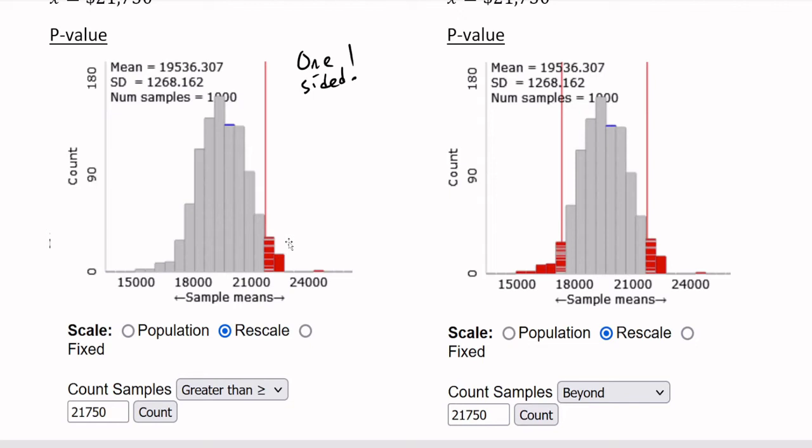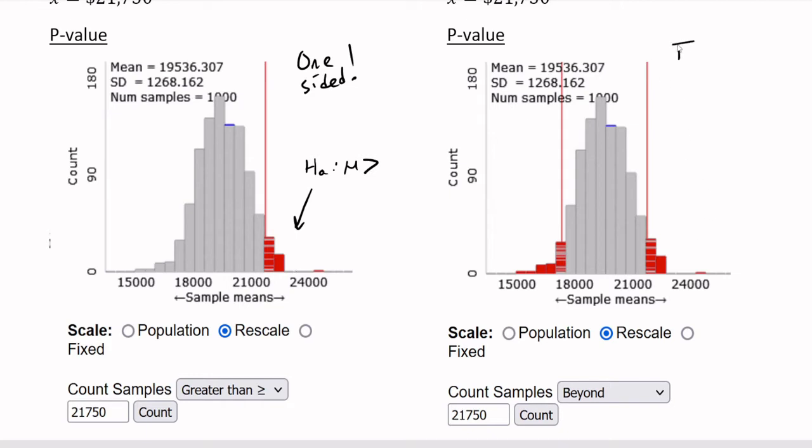I only want evidence that the true average is bigger than what was claimed. So I only care about, remember my alternative was mu is greater than. So I only care about one side here.